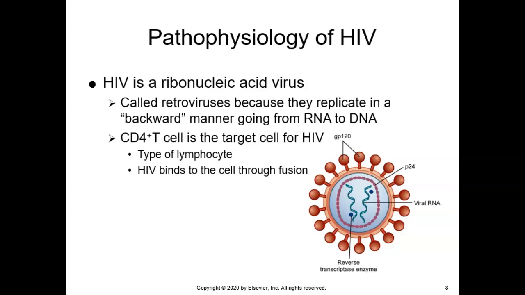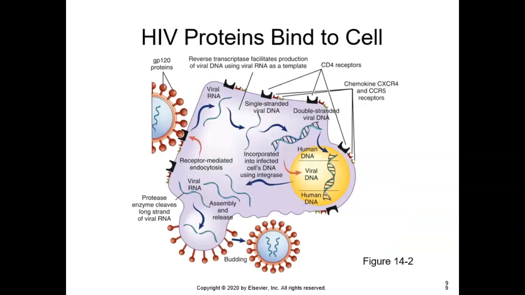And here's the actual process by which we are going to have binding to the cell. All right, this is figure 14.2 from your textbook. So the process is that first is fusion. HIV binds to the protein receptor on the outside of the cell, which are glycoproteins 120 and 41.